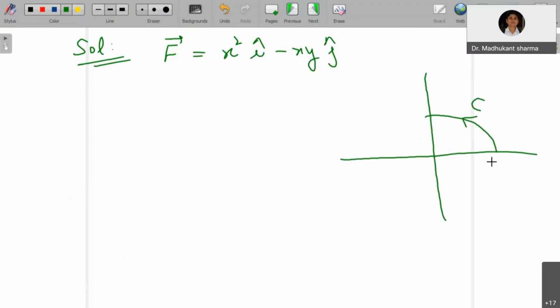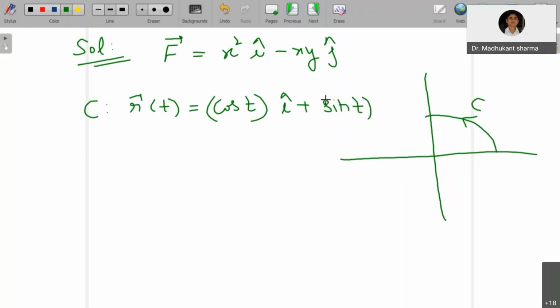The parameterization of this curve C can be written as x equals cos t and y equals sin t, so r equals cos t i plus sin t j, where t goes from 0 to pi by 2, so 0 less than or equal to t less than or equal to pi by 2. Now you have every piece of information and can find how much work is done.